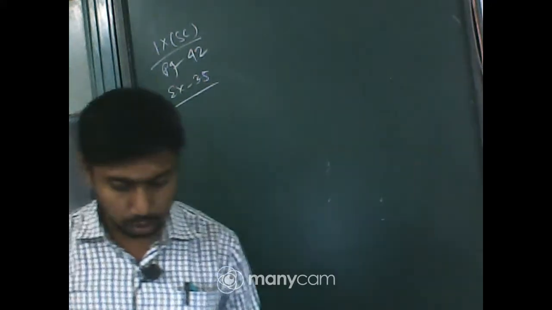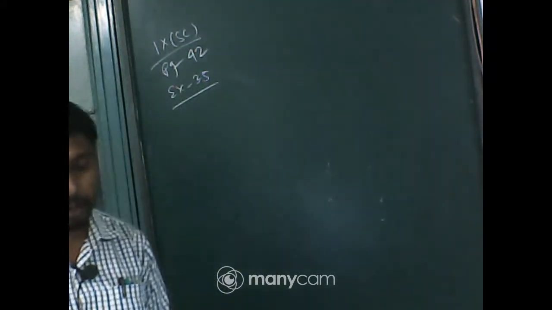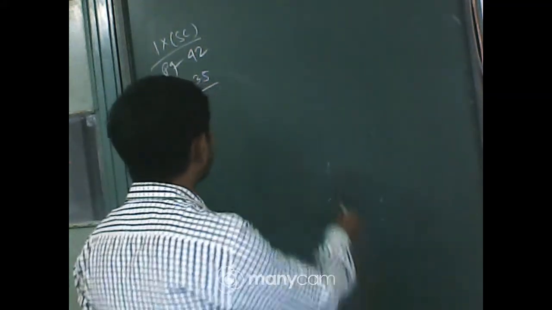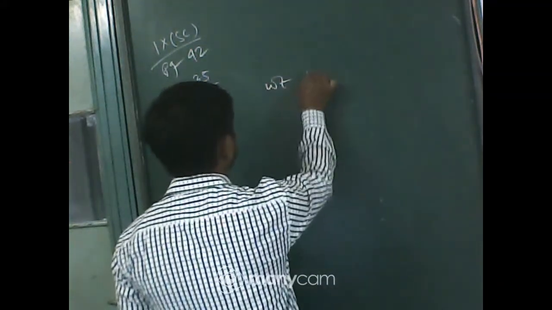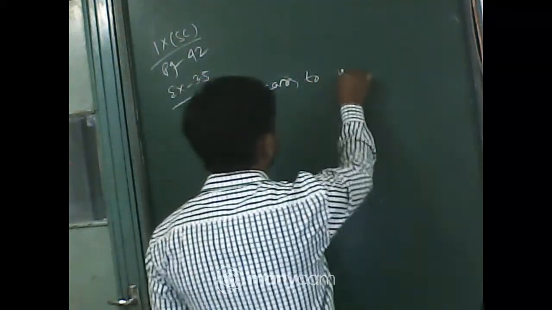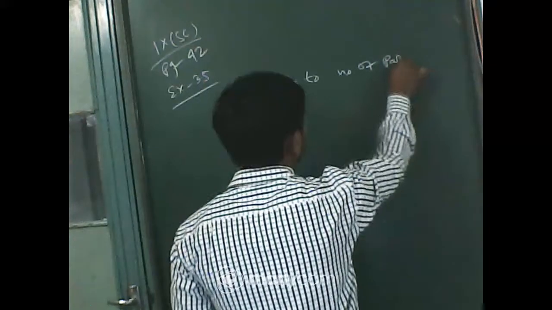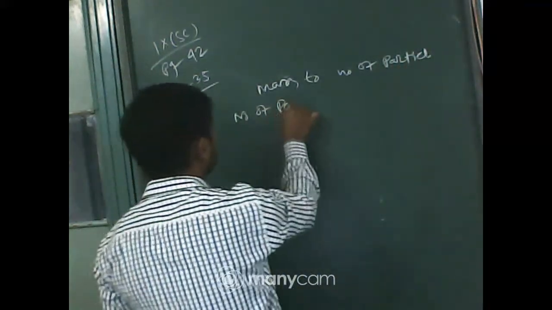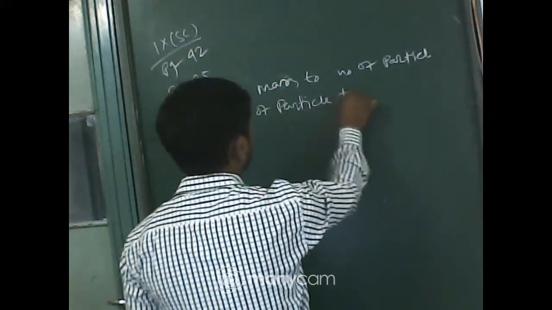Okay. So, next is that calculate the number of particles in each of the following. So, what we have to know, from mass to number of particles, and number of particles to mass.